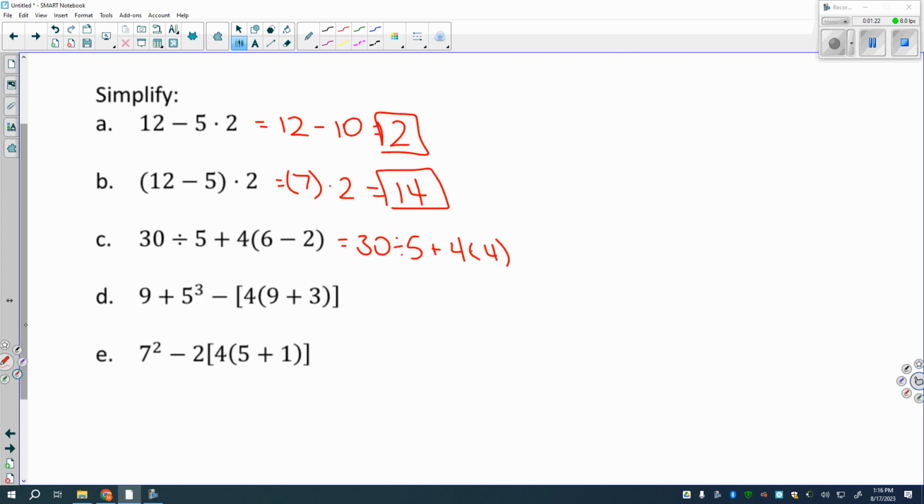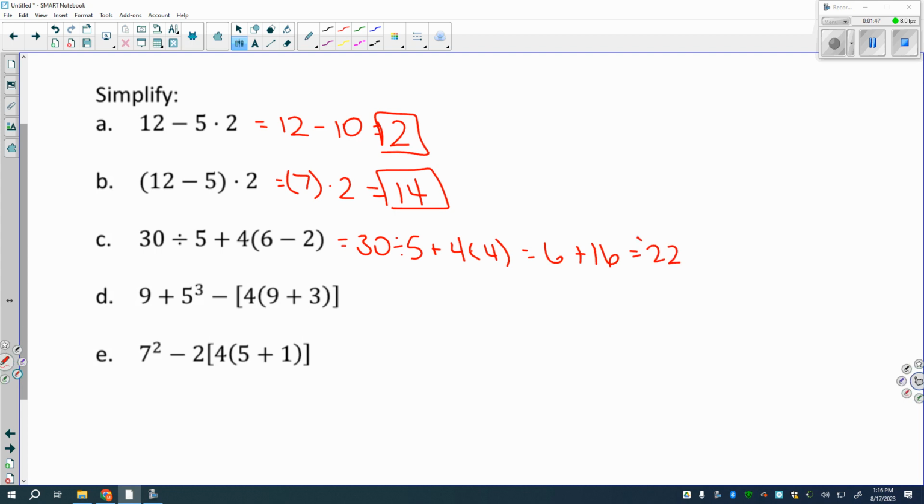So I do multiplying and dividing at the same time, left to right. So the first thing, reading left to right, 30 divided by 5. 30 divided by 5 is 6. Plus, then I do 4 times 4, 16. And then 6 plus 16, to finish that up with the addition, is 22.